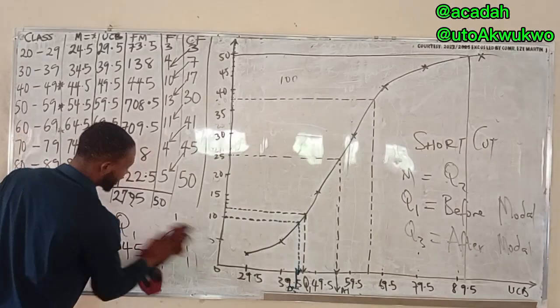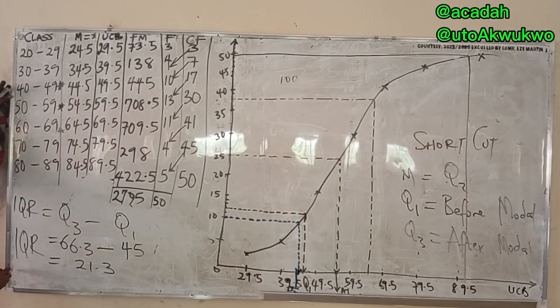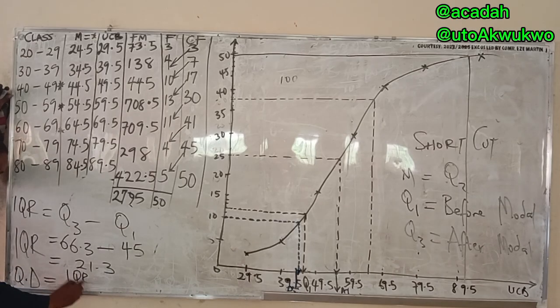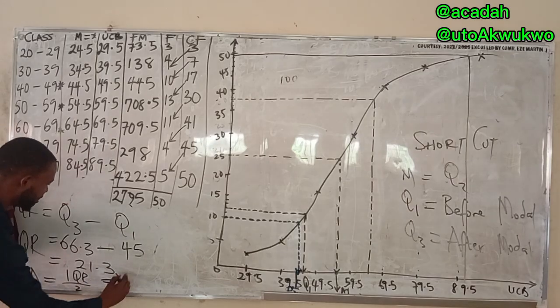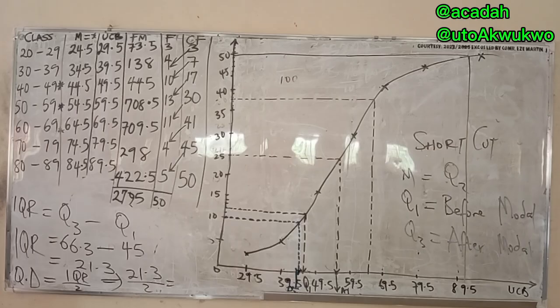So we've noted that the semi-interquartile range, which we also call quartile deviation, is simply the interquartile range divided by 2. So it's the same as saying 21.3 divided by 2.